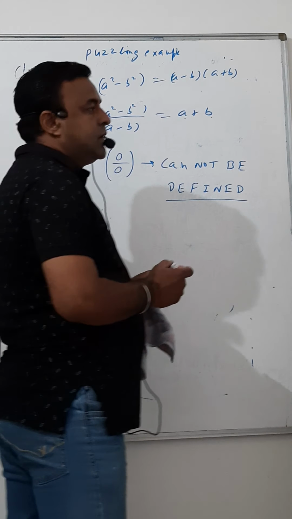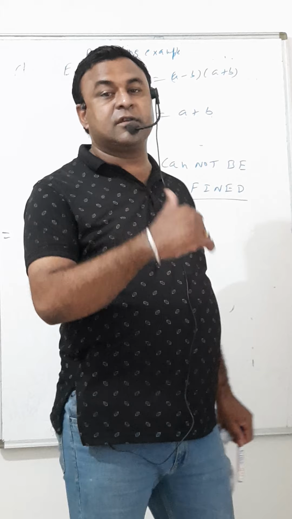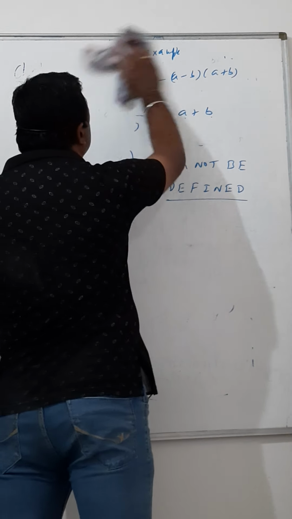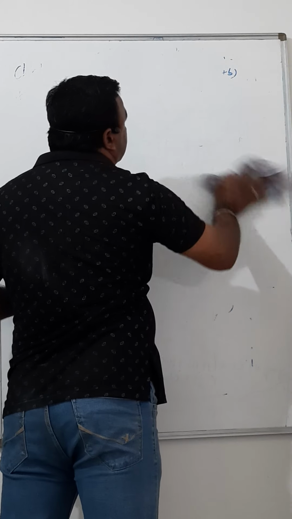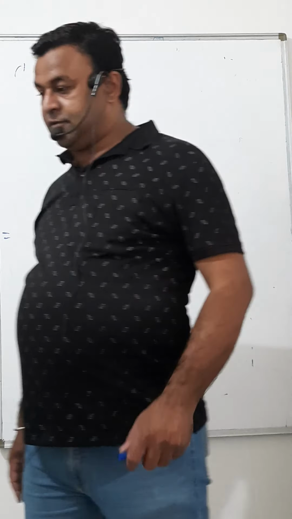It is called indeterminate form. It is this mistake. Got it? So these are a few magics of mathematics. Higher level mathematics is not used in physics. Only these tricks and logics we need to know about.